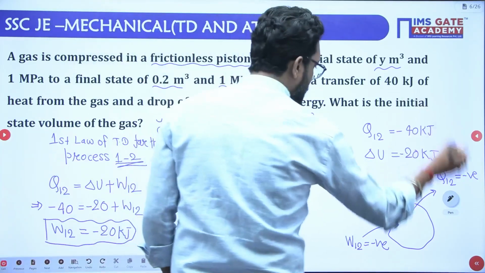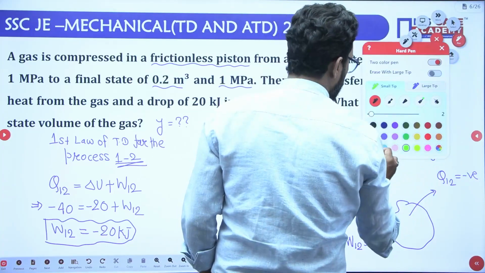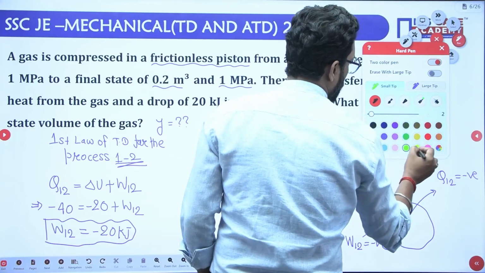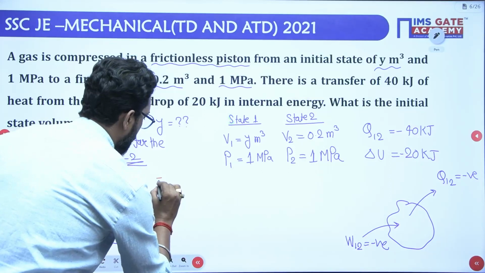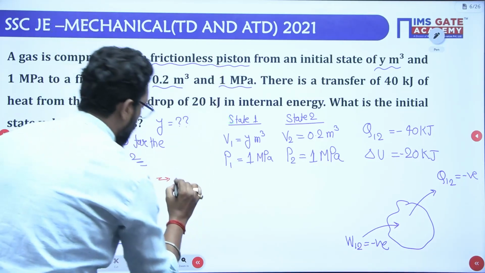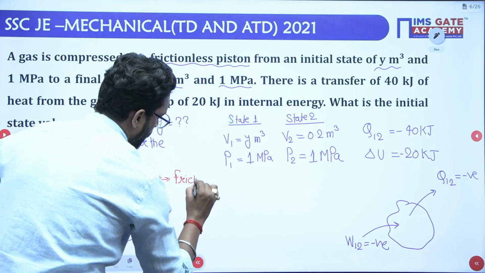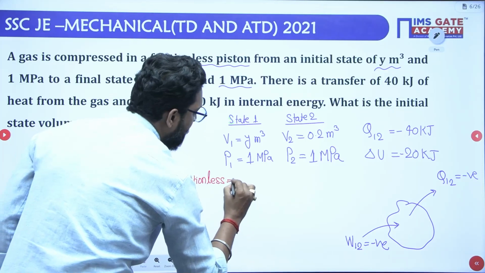So for the internal reversible process, we know what the work transfer is. Beta, why? Because the process is given frictionless. Frictionless, that means internal reversible.